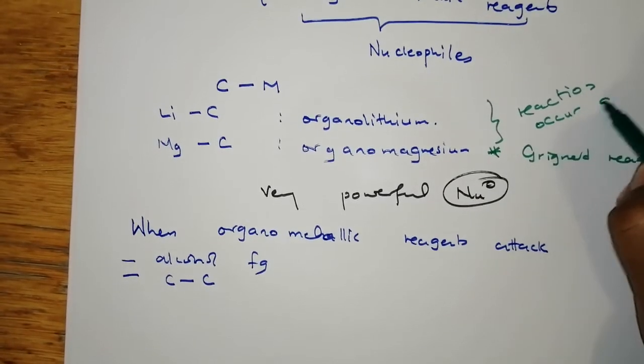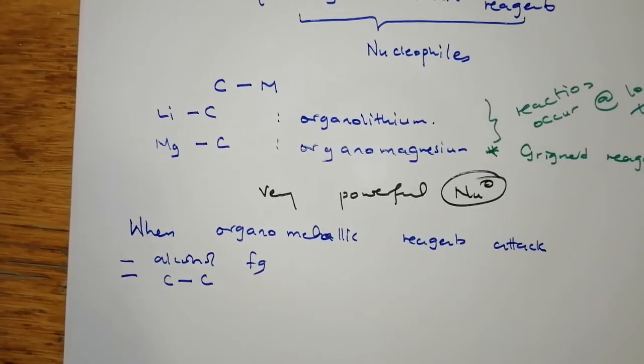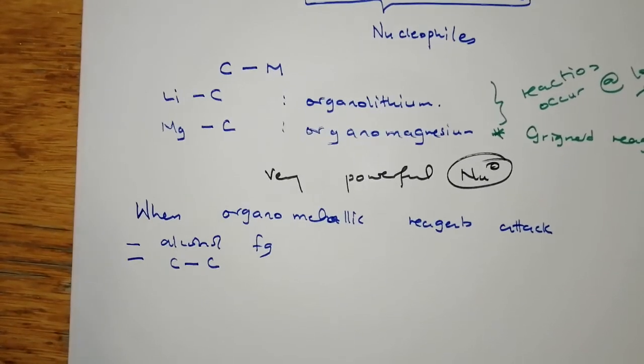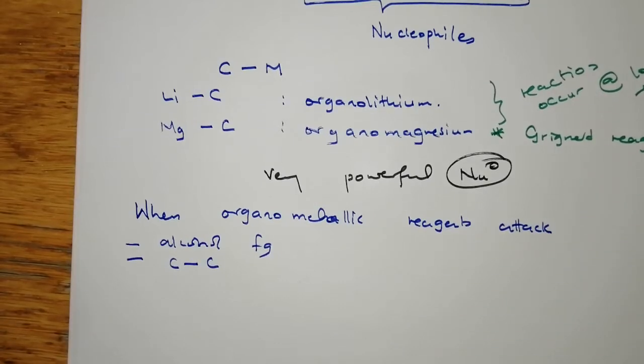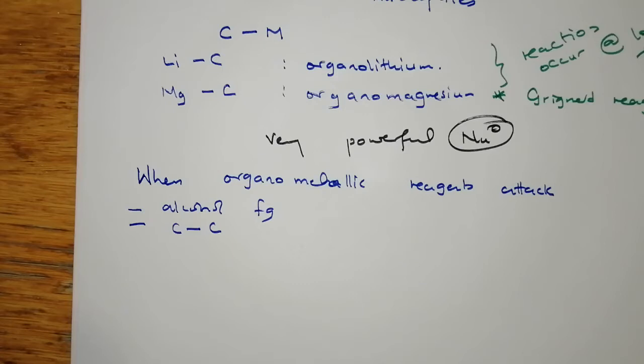These reactions occur at low temperatures because these are quite powerful nucleophiles. So if you are given a bunch of nucleophiles and they ask you which one is a stronger nucleophile, if you've got an organometallic, that might be your choice.